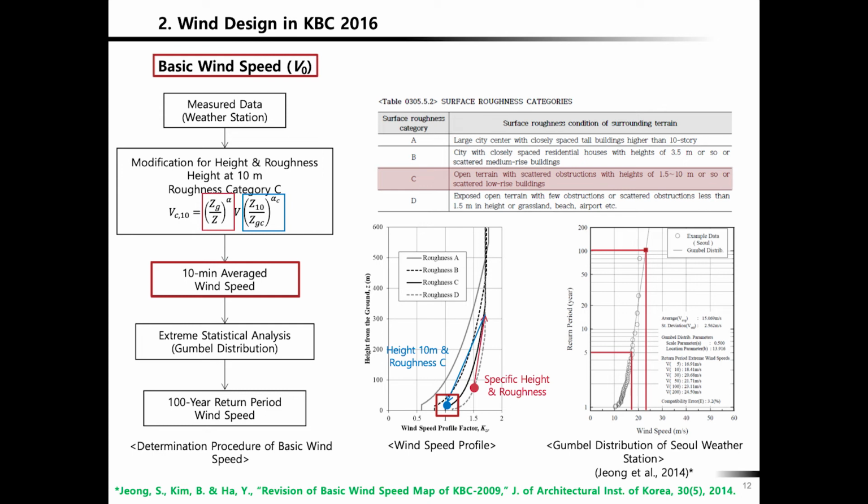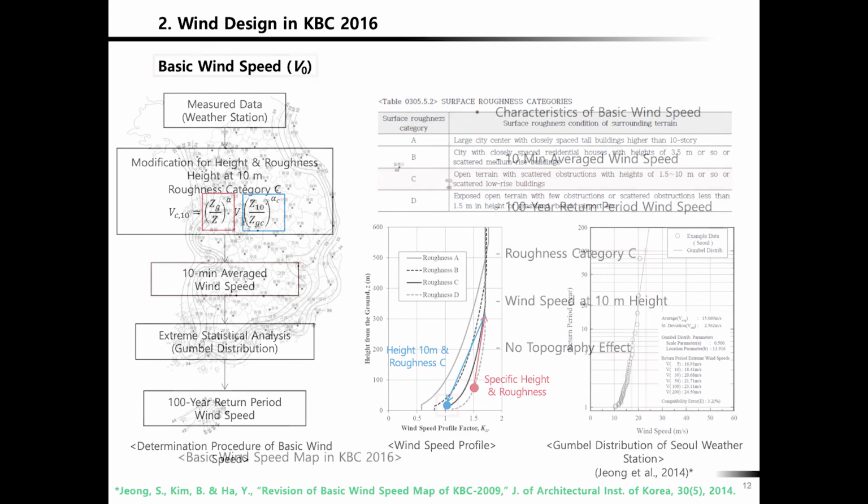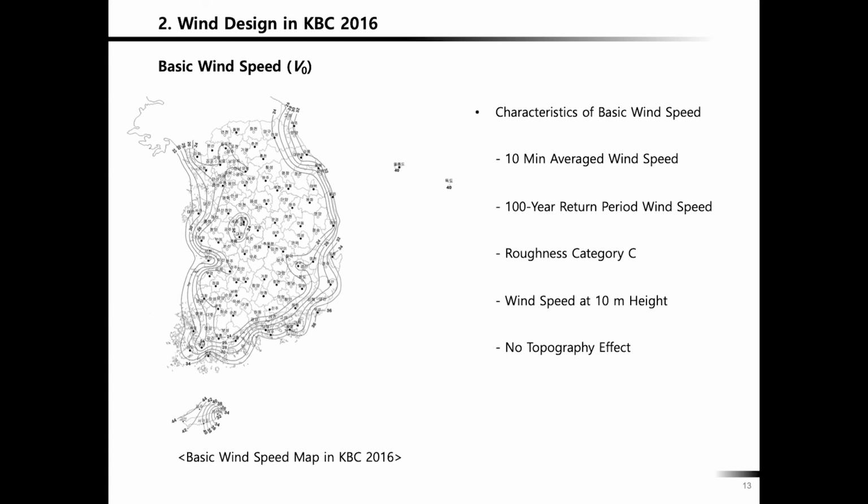It is defined as open terrain with scattered obstructions with heights of 1.5 to 10 meters or so, or scattered low-rise buildings. It's more like a suburban area. So this is the mean wind speed or basic wind speed map of South Korea. It gives you the 100-year return period of 10-minute average wind speed. Okay, I just combined these two.